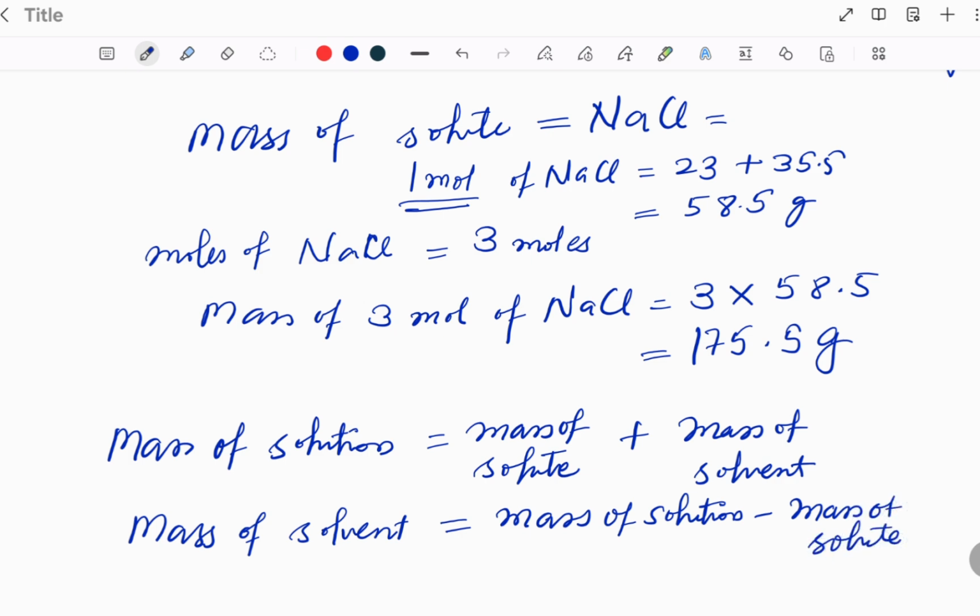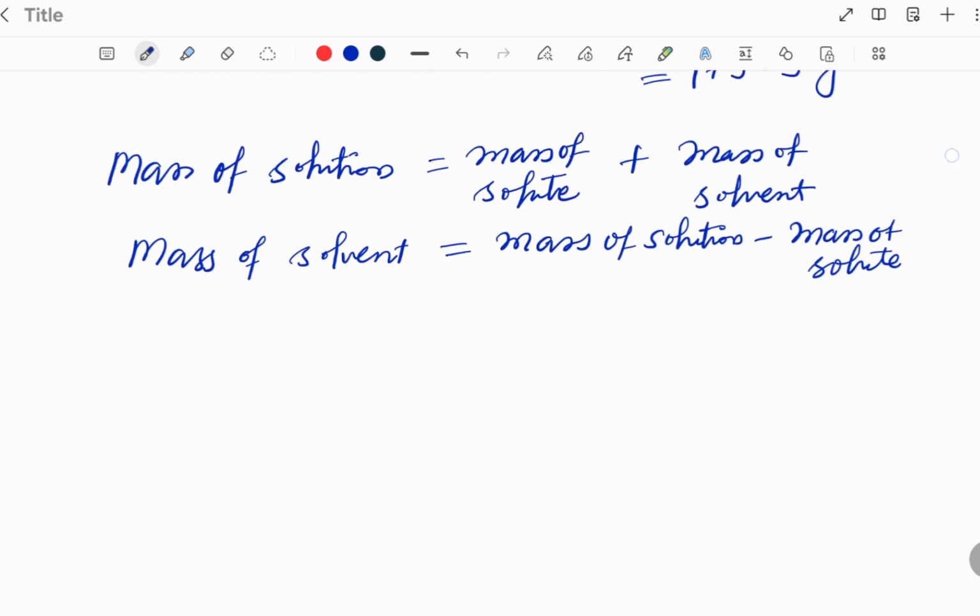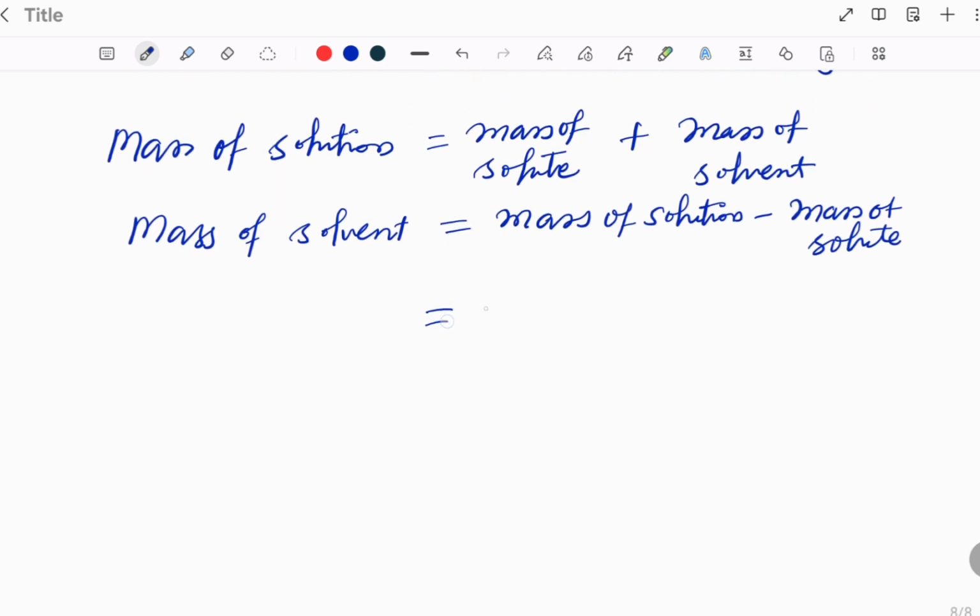So we have to deduct the mass of solute from it. Mass of solution we have already calculated, 1250 minus mass of solute, which is 175.5. So we are going to deduct it. So it comes out to be 1074.5 grams. So this is mass of solvent.